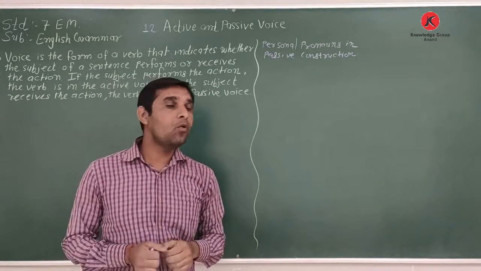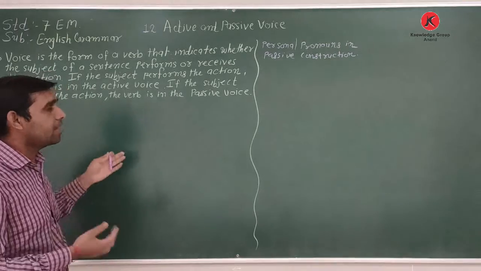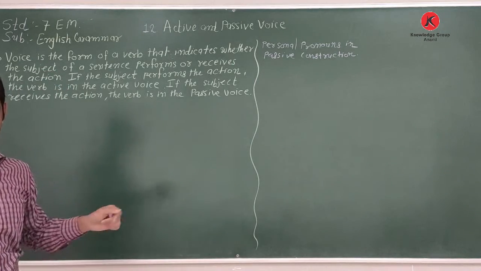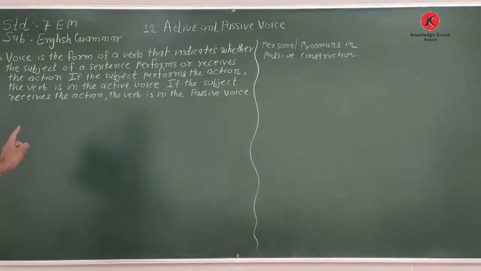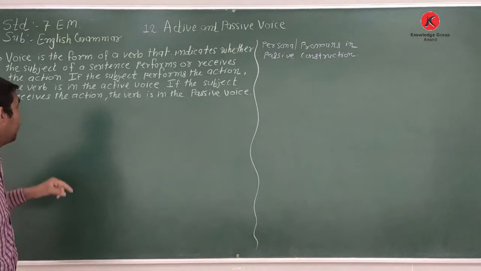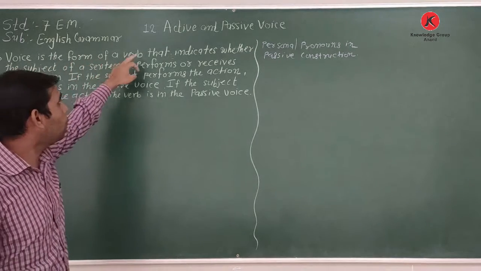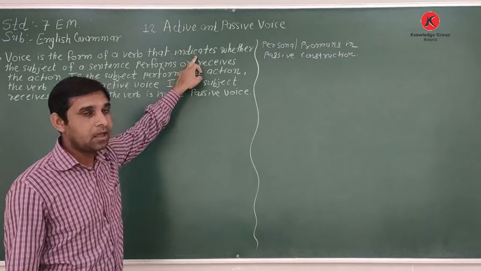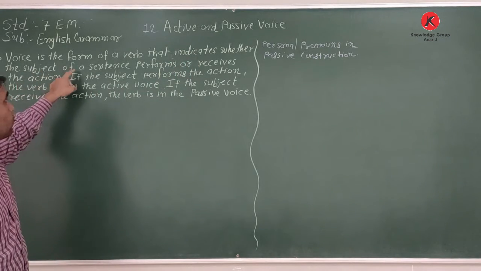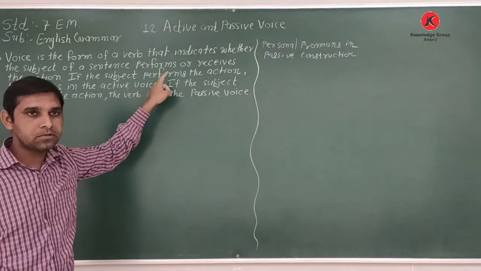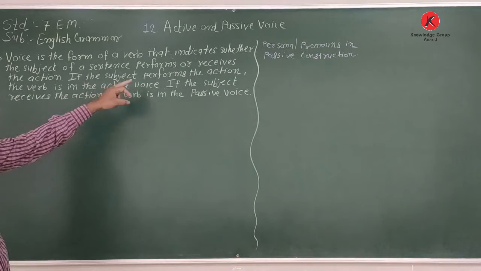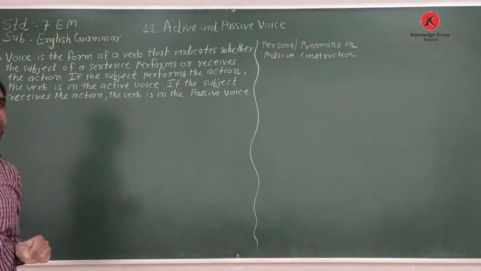First we will learn what voice is, and what active and passive voice are. Here is the definition. Voice is the form of a verb that indicates whether the subject of a sentence performs or receives the action.